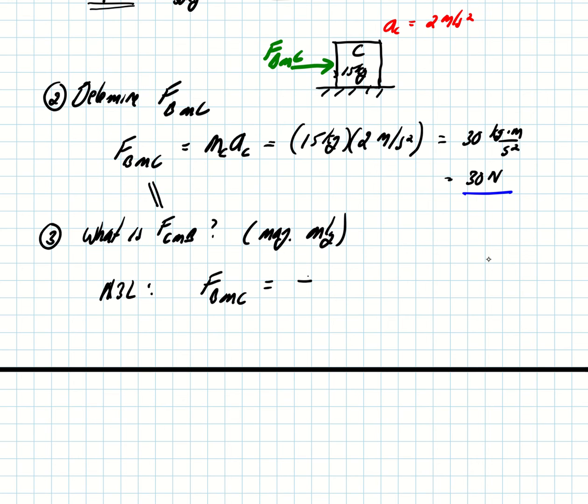But Newton's third law, stated in all of its glory, is the force of B on C is equal to minus the force of C on B. So basically, the force of B on C and the force of C on B, magnitude only. That's what these absolute value signs mean. I didn't even put the vector sign. If you have the vector sign on top and the absolute value signs, that's magnitude only.